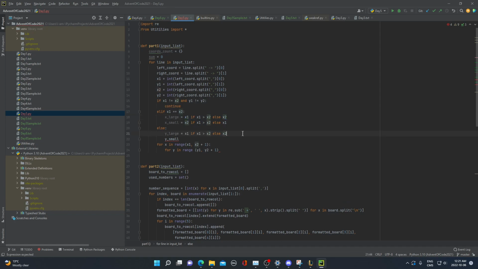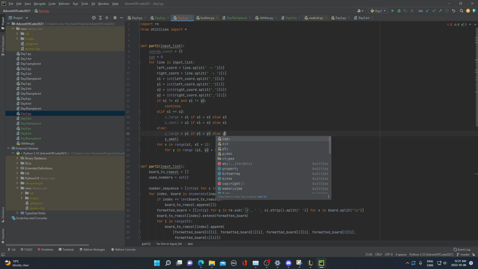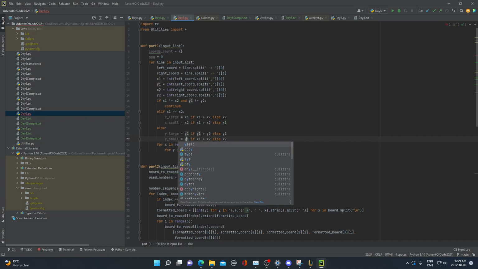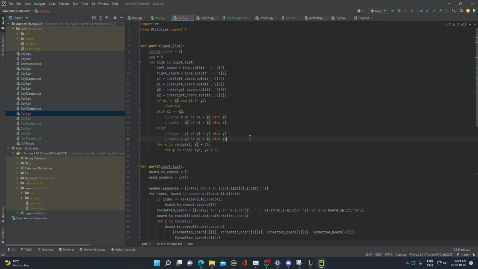Y large, just switch to y's. Y small. Y2. Else Y1.